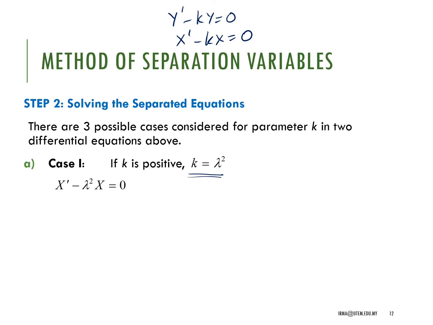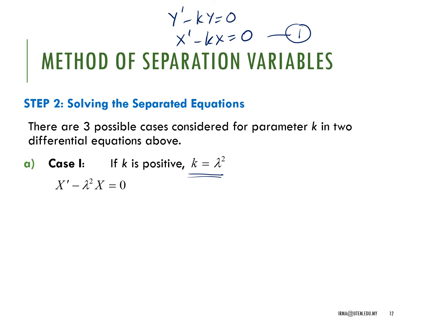Alright, if we set k equal to lambda squared, we have this as the first equation, x prime minus kx equal to 0, and if we substitute k equal to lambda squared, you will have x prime minus lambda squared x equal to 0.